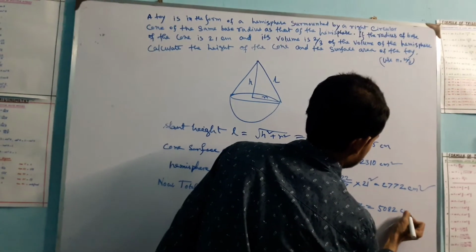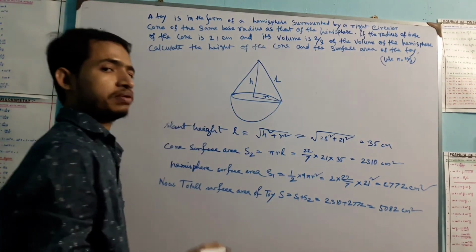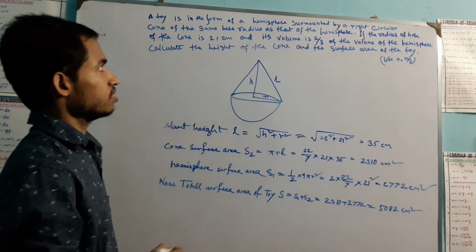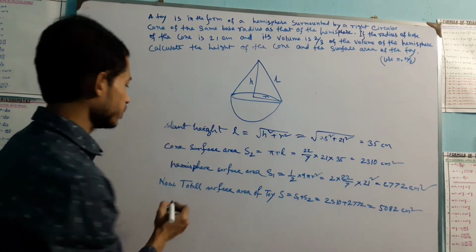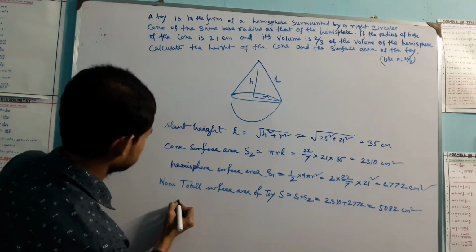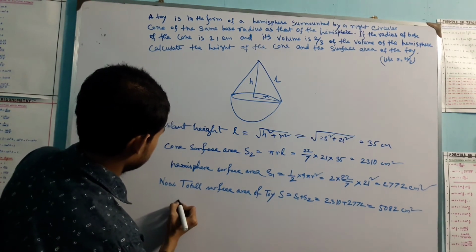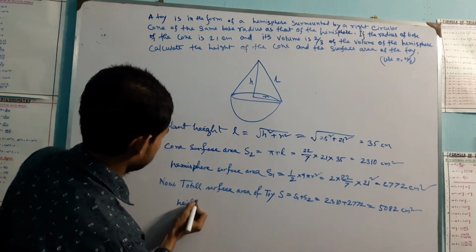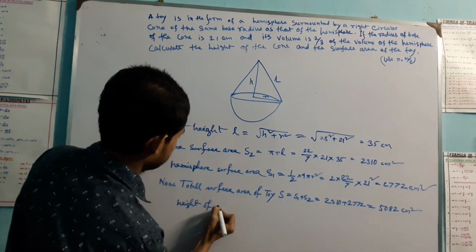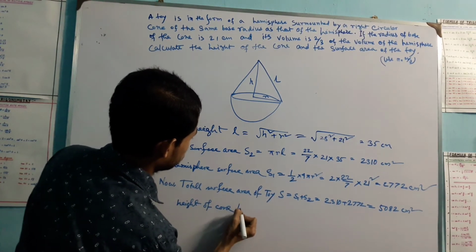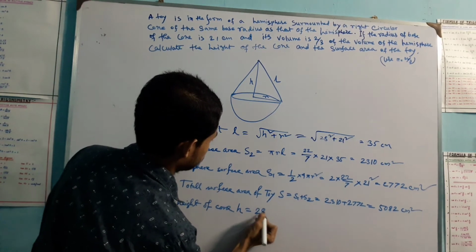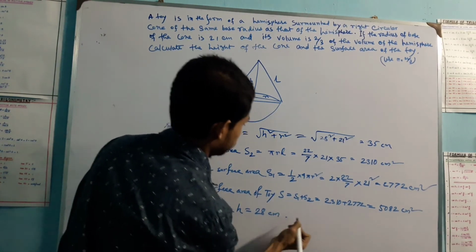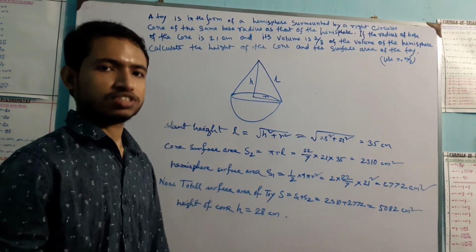From the previous section, we found that the height of the right circular cone is 28 centimeters. I hope this answered your question. Thank you.